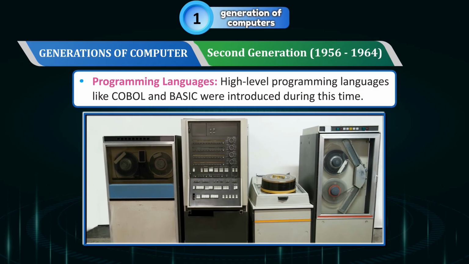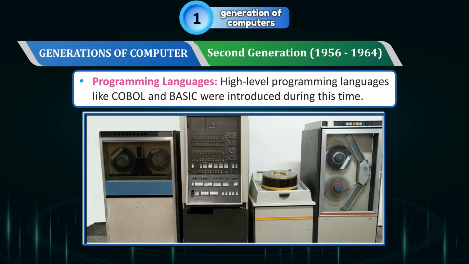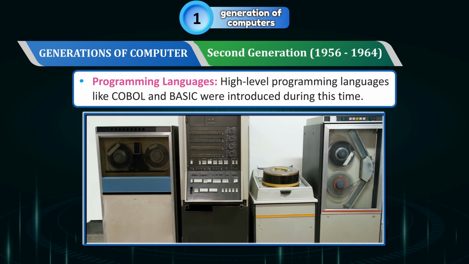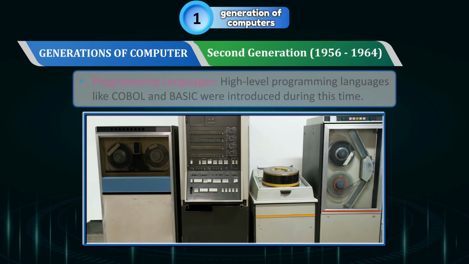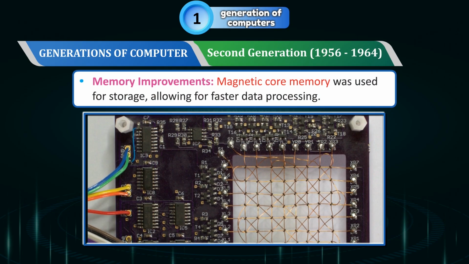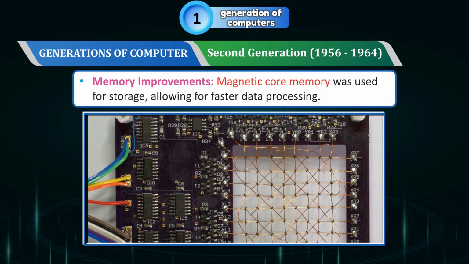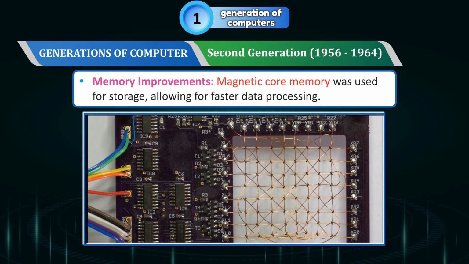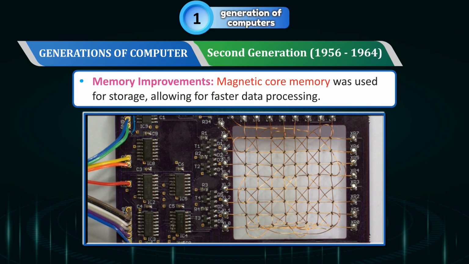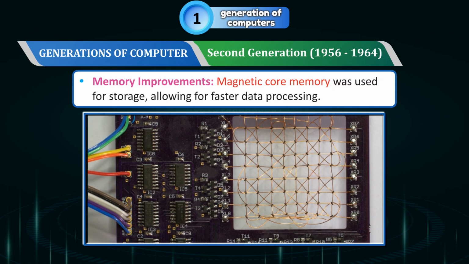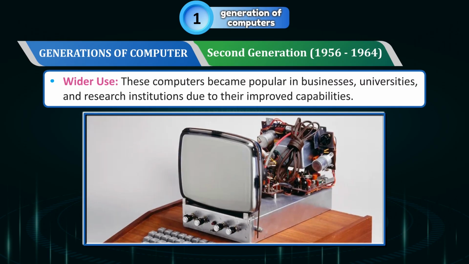Programming languages. High-level programming languages like COBOL and BASIC were introduced during this time. Memory improvements. Magnetic core memory was used for storage, allowing for faster data processing. Wider use.